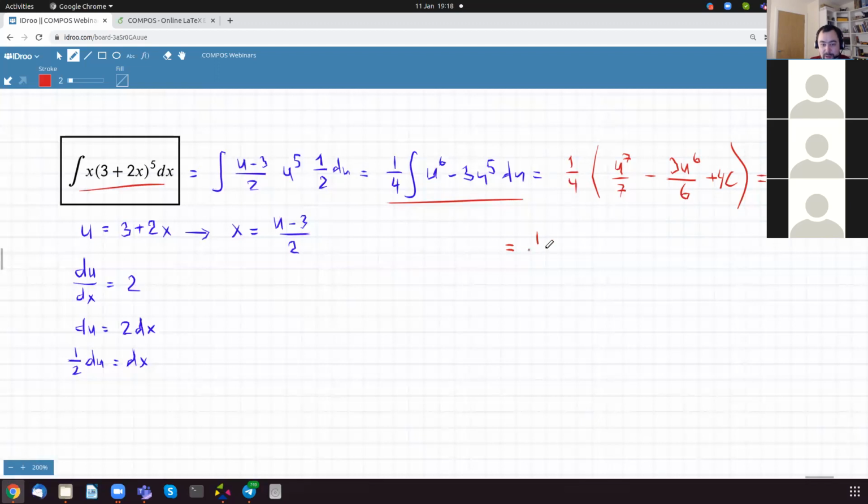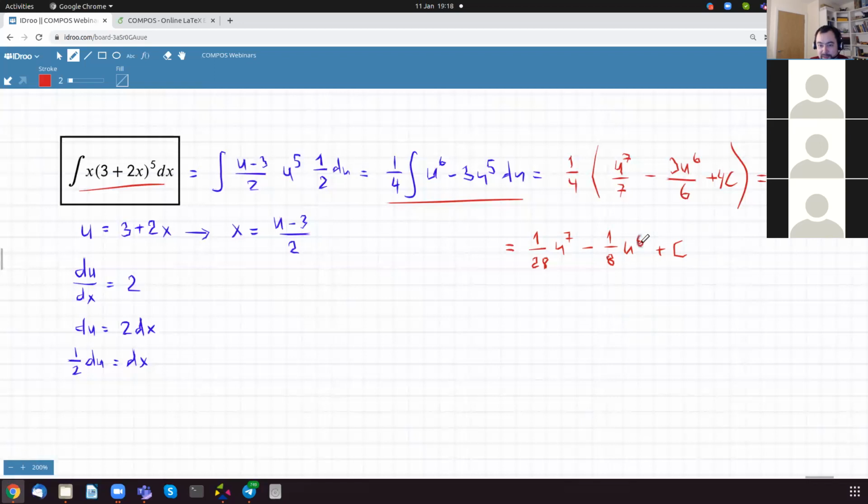So it's going to be 1 over 28 u to the power 7 minus, this is a half times the 1, so it's 1/8. So a quarter times 3/6 is 1/8 u to the power 6, and plus c. Okay.